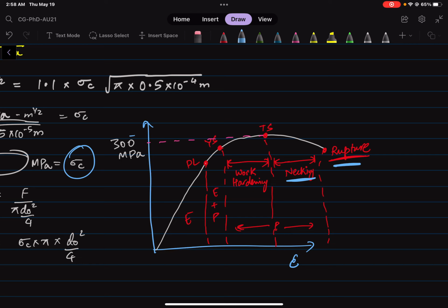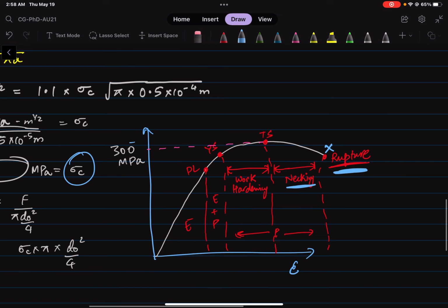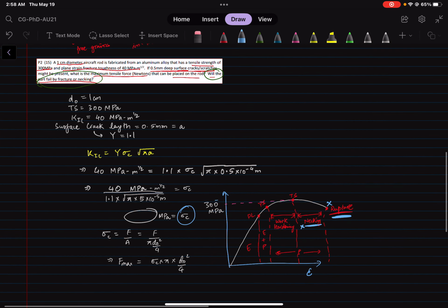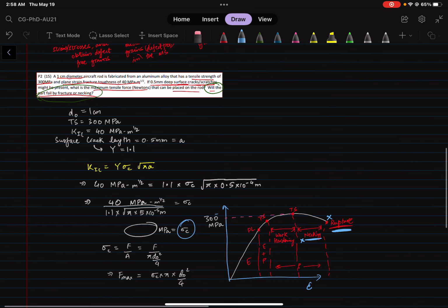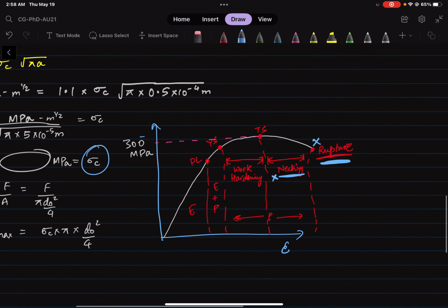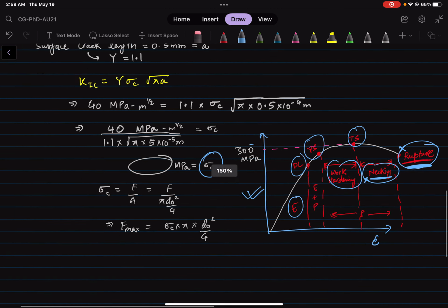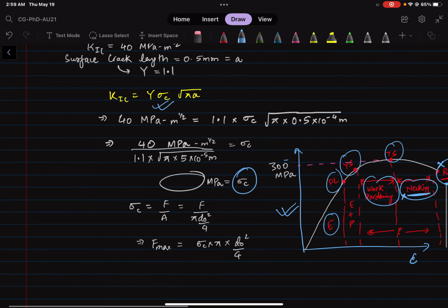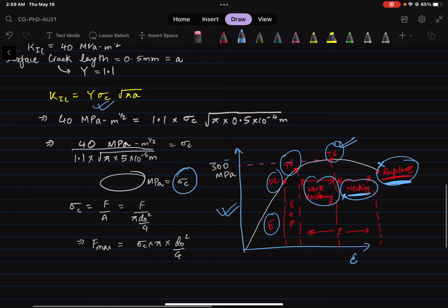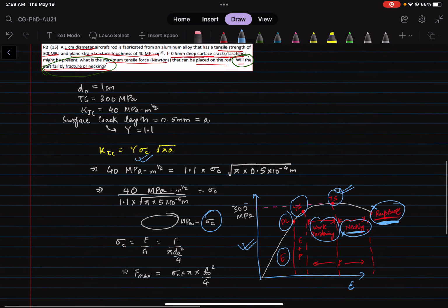As in, will you go all the way through and rupture the material, or will you just neck it, right? This is a way to calculate that. And again, try to read more about the stress strain diagrams if you can, to get a revision of these values, and then you can understand how sigma c can relate to tensile strength. But this is how you can approach a question like this.